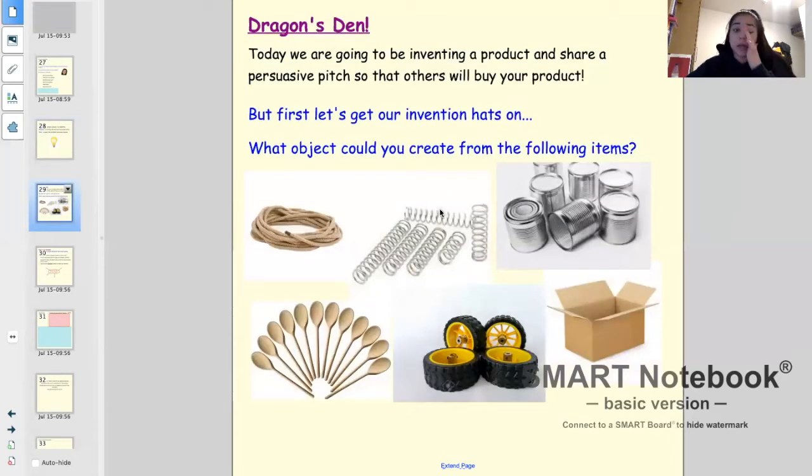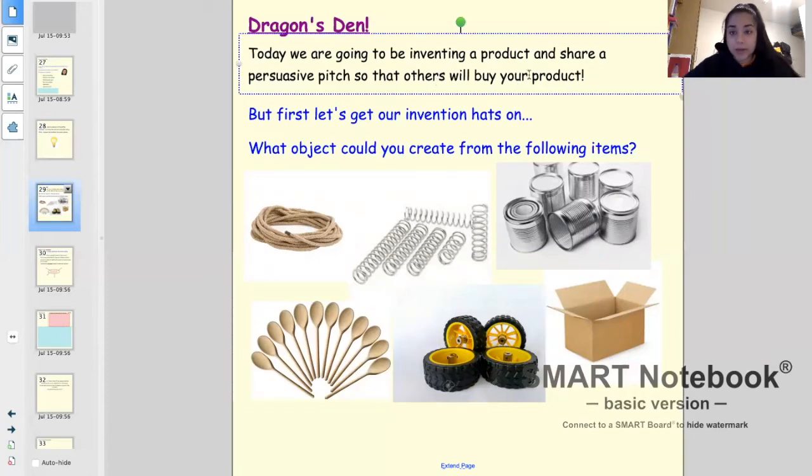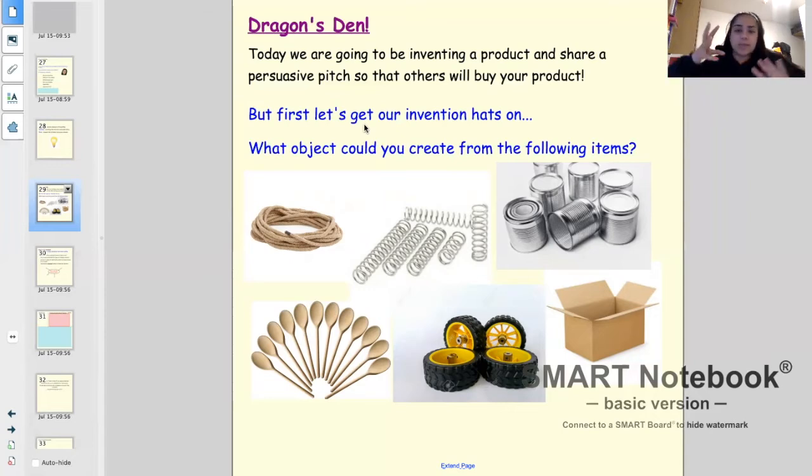So today we're going to be inventing a product, and you're going to share a persuasive speech so that others will buy your product. Okay, well, in fact, it's not just somebody who's going to buy your product. We'll come on to that later, actually.